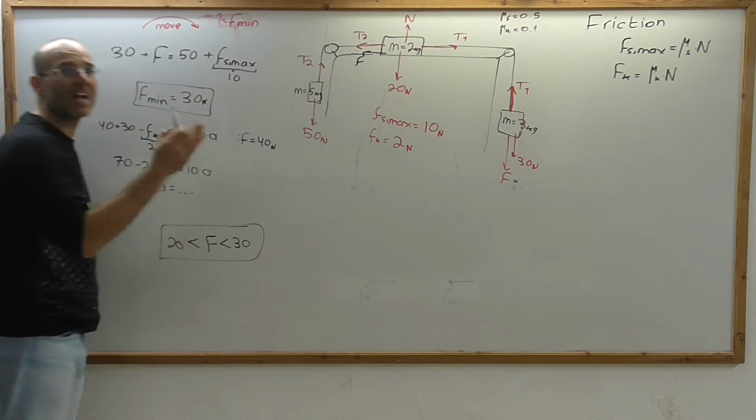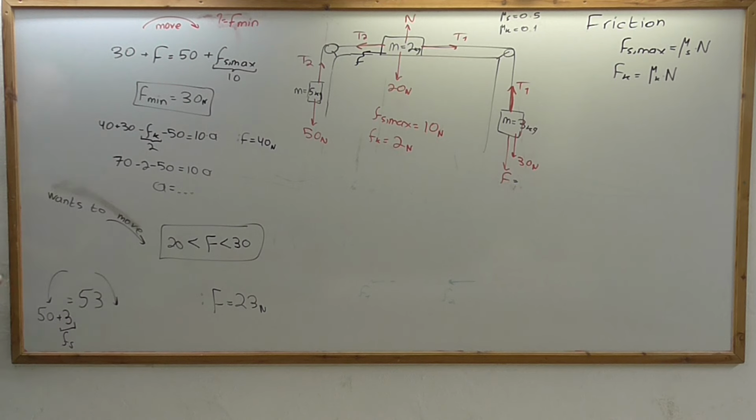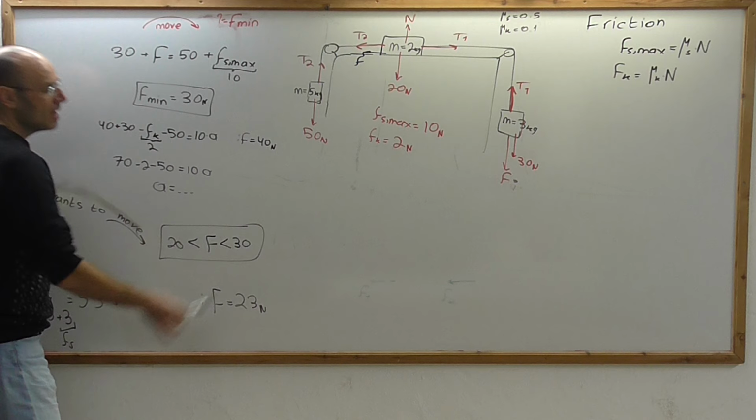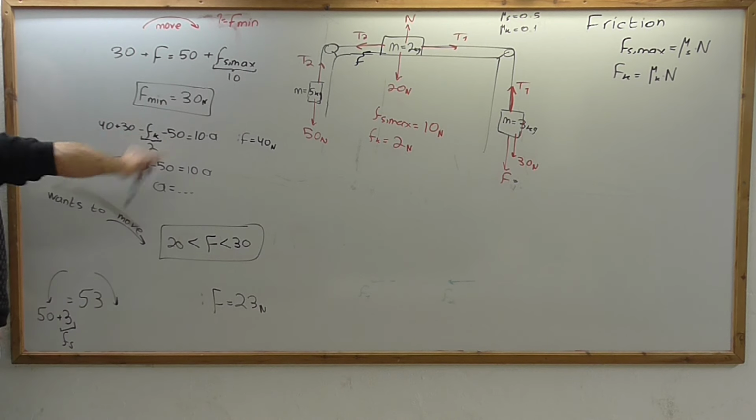But I have here 50, and the friction force will adjust itself. It will take only 3 from the 10 and adjust itself, and the system won't move. So again, if I apply force between 20 and 30, the system won't move and the friction will adjust.